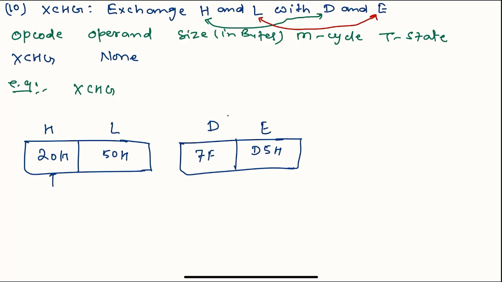The content of the HL register pair will be exchanged with the content of the DE register pair. This is called the higher byte, so the higher byte is going to exchange with this one.